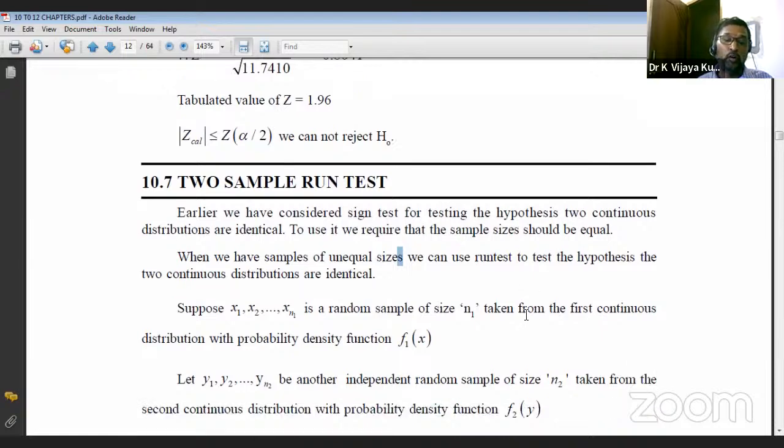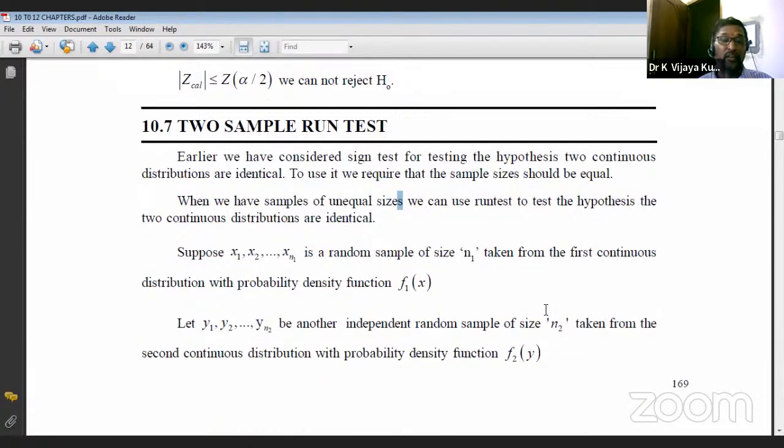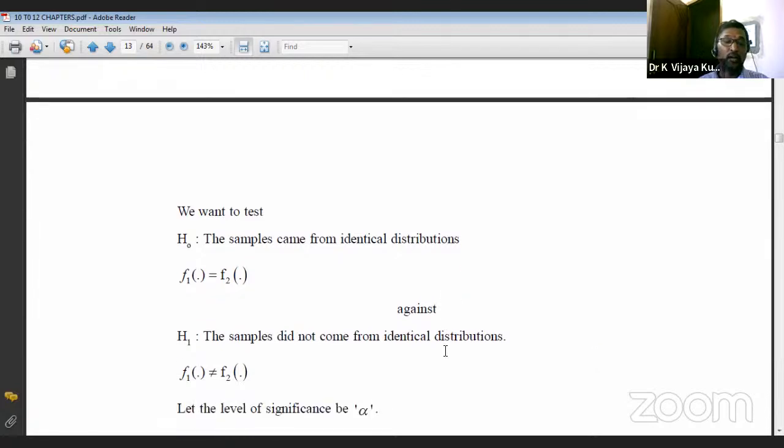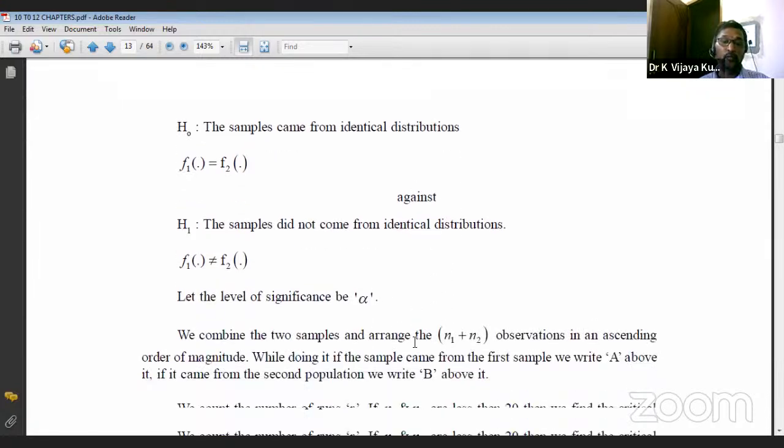Suppose x1, x2, and so on, xn1 are random samples of size n1 taken from the continuous distribution with probability density function f1(x), and y1, y2, ..., yn2 be another independent random sample of size n2 taken from a second continuous distribution with density f2(y). We want to test H0: the samples came from identical distributions, f1 equals f2, against H1: F1 not equal to F2.